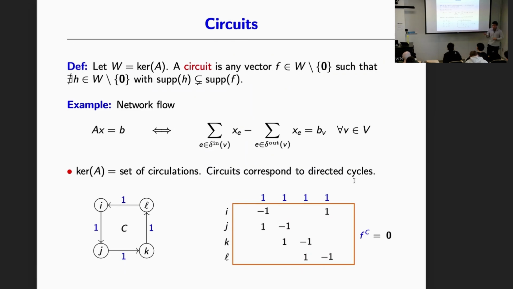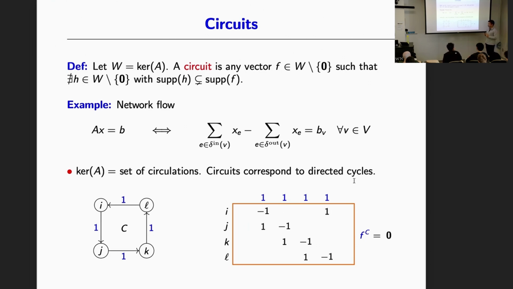Now we know that by the circulation decomposition theorem, every circulation can be decomposed into cycles. And since a cycle is clearly support minimal, like you cannot remove an edge while maintaining net flow 0 everywhere, cycles are precisely circuits for network flow.